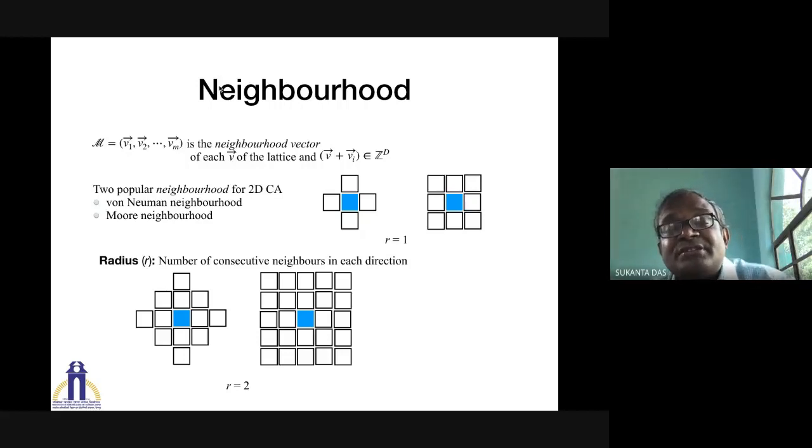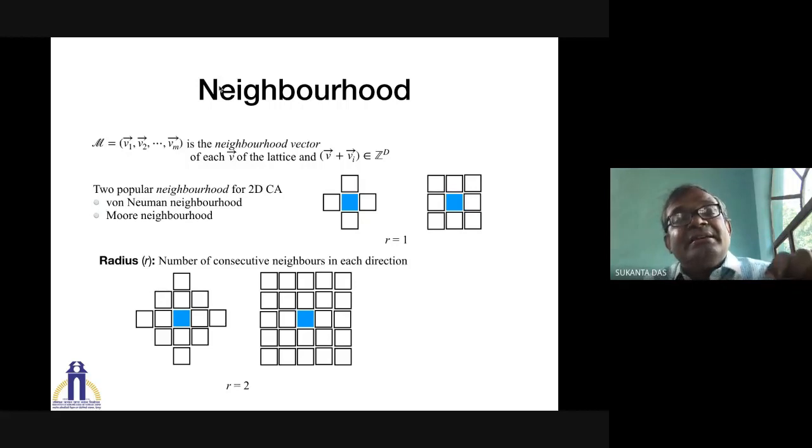First consider the Moore neighborhood with R equal to 2. In each direction, 2 consecutive cells are neighbors of the center cell.